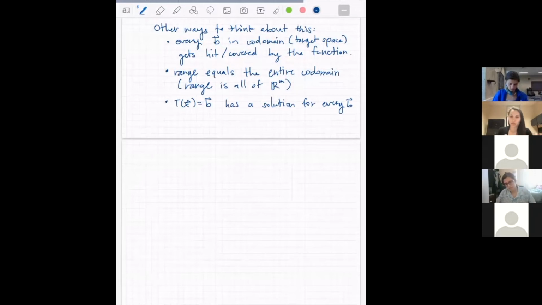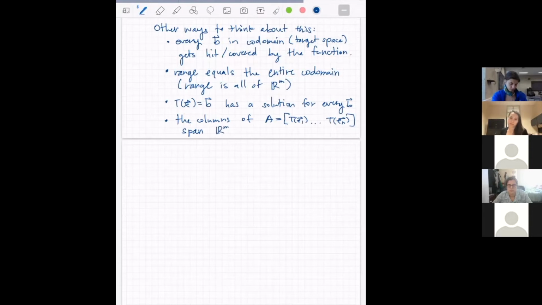You may remember that if T of x equals b has a solution for every vector b, this means that the columns of A, the associated matrix of T, span what? Rn. It would be Rm, but yeah.